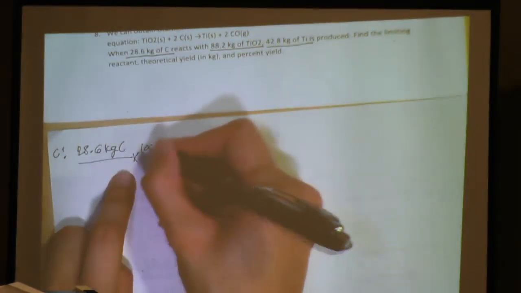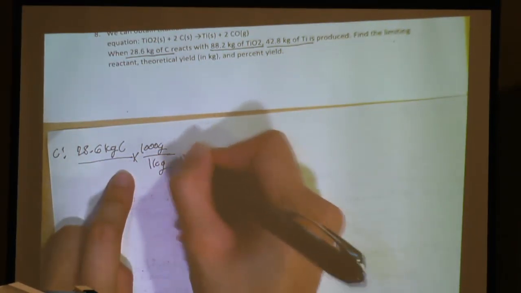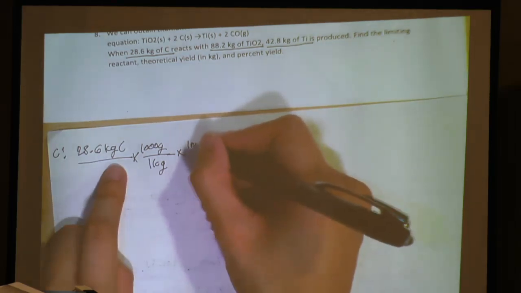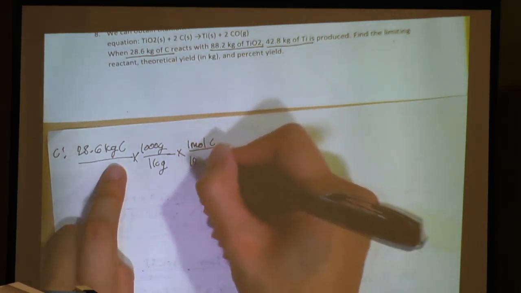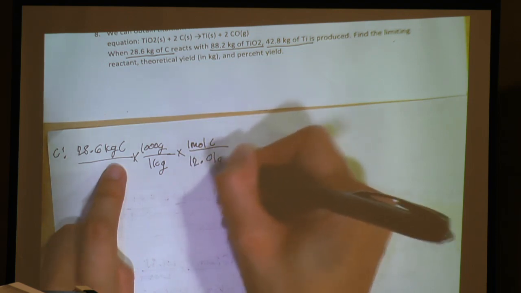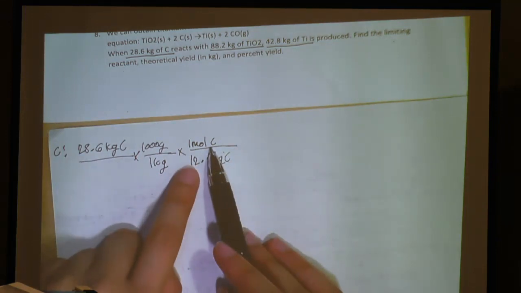So 1,000 grams over 1 kilogram. Now we're going to multiply that by the molar mass of carbon to get it into moles. So 1 mole of carbon, I have the molar mass with me here, is 12.01 grams of carbon. Now we're in moles of carbon.